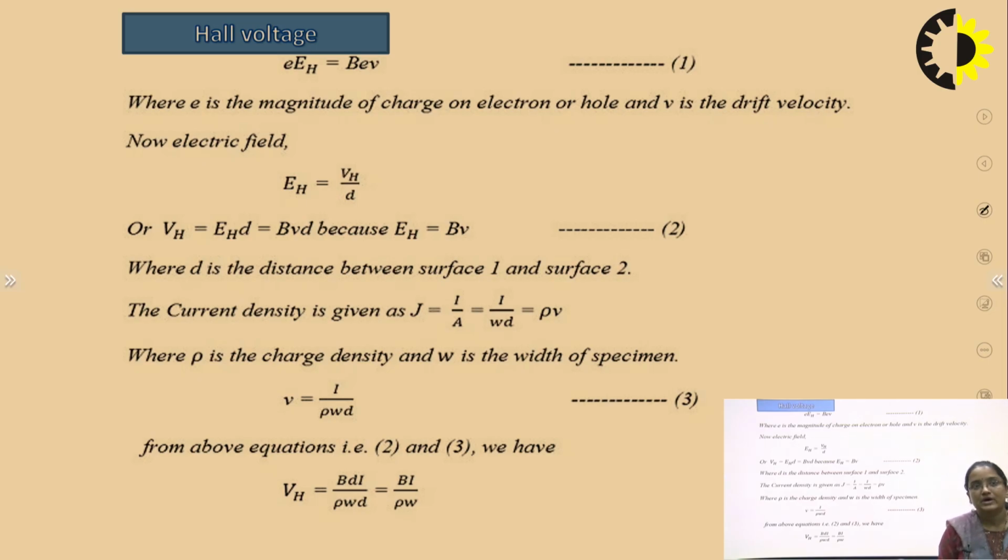So basically, the first equation is signifying that the electric field is exactly balancing your magnetic field. As the electric field is set up, it will exactly balance the magnetic force, and that force that is developing, we are naming it as the Lorentz force. This Lorentz force is defined in terms of the drift velocity, which we are saying as QVB or EVB.